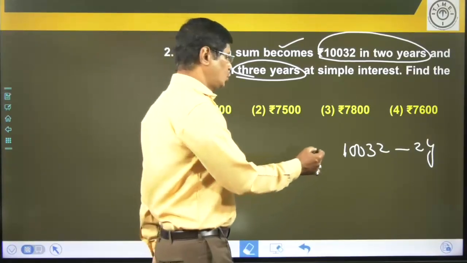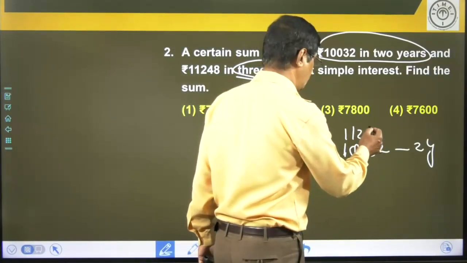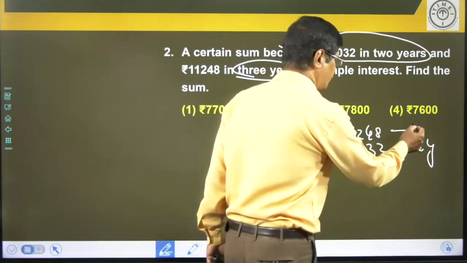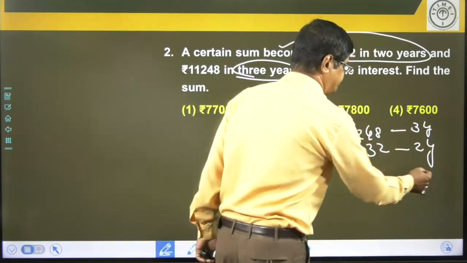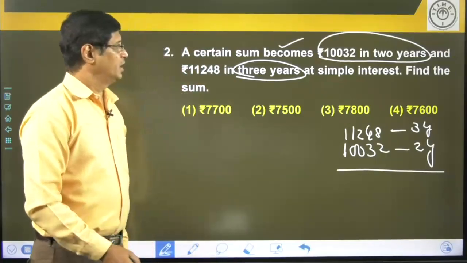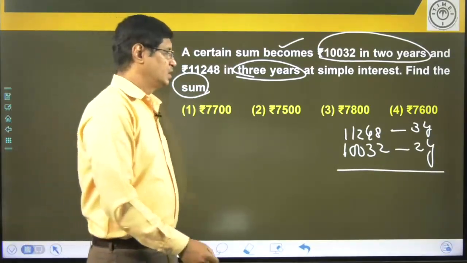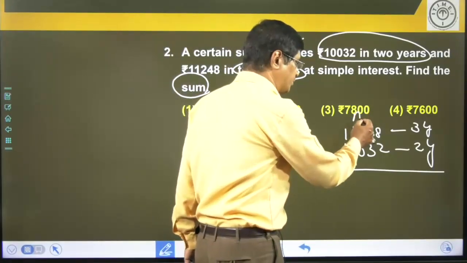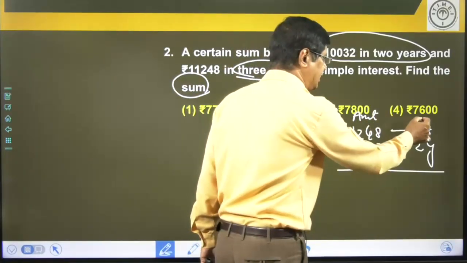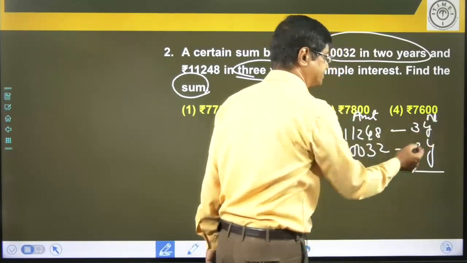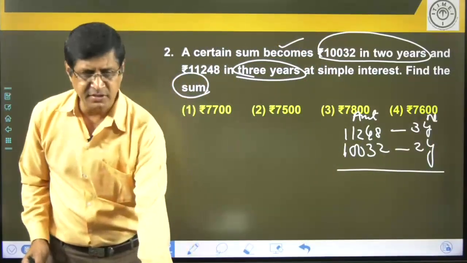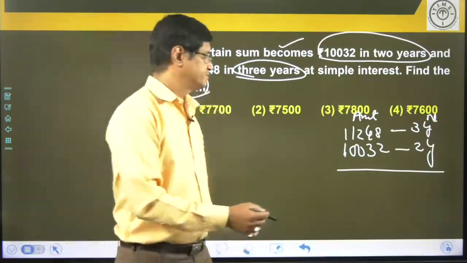And 11248 over a period of 3 years. He is asking to find out the principal, that is sum. The given data, if you observe, amount and the period of time is given. How much is the difference in the period of time? 1 year.